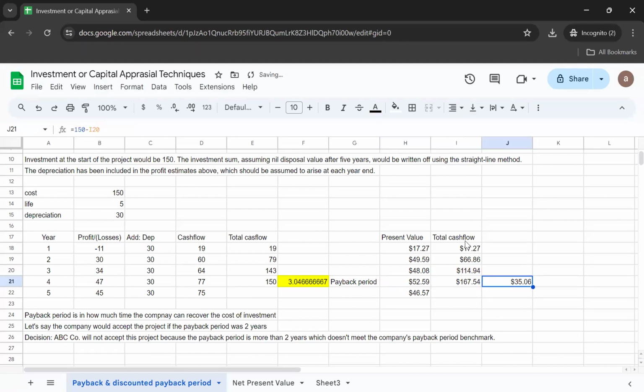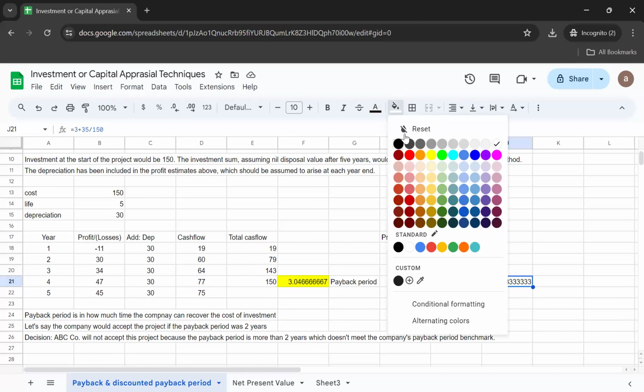So my payback period can be 3 as well because it's going to be 3 plus something, right? So it's slightly more compared to the payback.